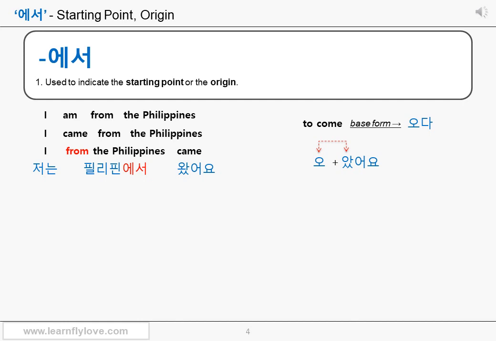Now you know both ways to say I am from a country or I come from a country. 저는 필리핀 사람이에요. Or 저는 필리핀에서 왔어요. If it's America, 저는 미국 사람이에요. Or 저는 미국에서 왔어요. Okay?